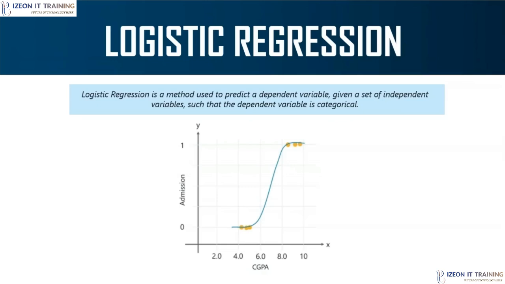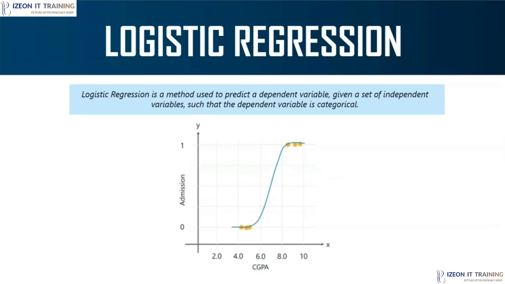If you use linear regression to model a binary outcome, the resulting model will not predict y values in the range of 0 and 1, because linear regression works on continuous dependent variables and not on categorical variables. That's why we make use of logistic regression. So understand that linear regression was used to predict continuous quantities and logistic regression is used to predict categorical quantities.